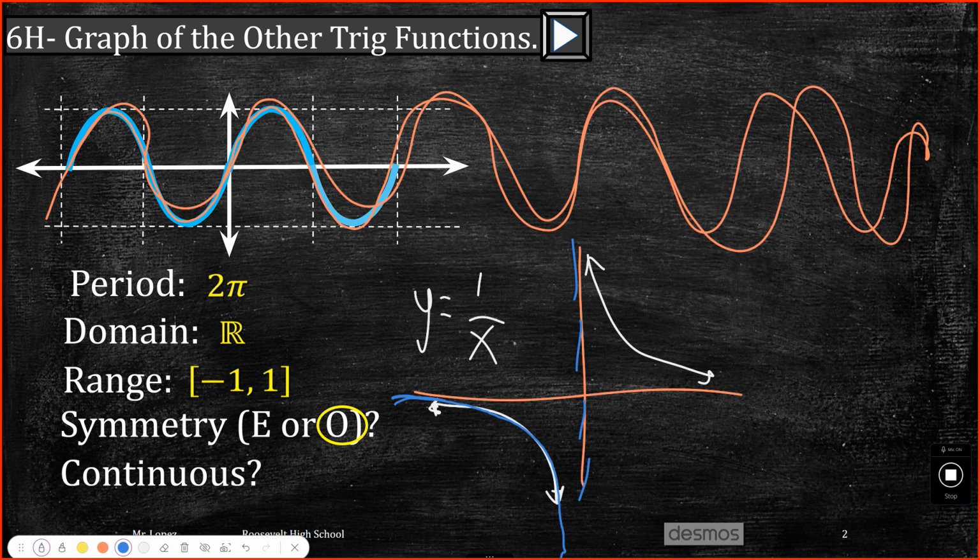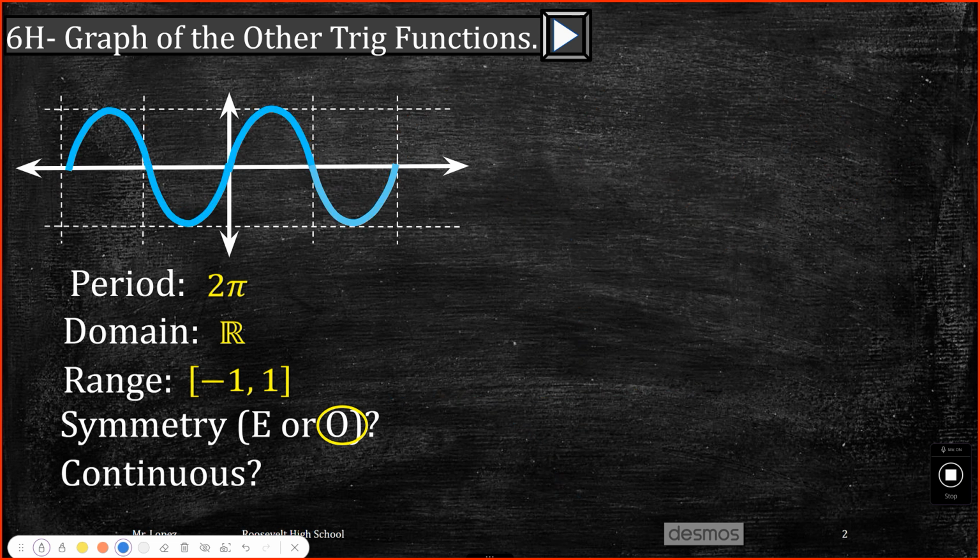They keep separating forever because there's an asymptote in between. When you say continuous, you can just forever draw this curve without lifting your pencil. So it is continuous.